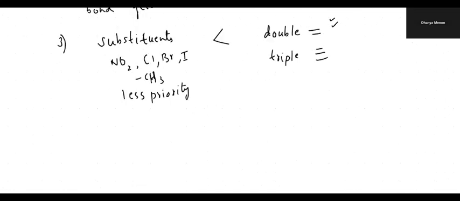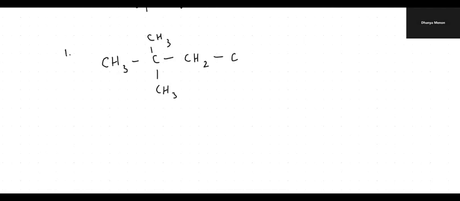Okay. Coming to question number 1. So I have CH3, CH3, CH3, CH2, CH, double bond, CH2. Okay.